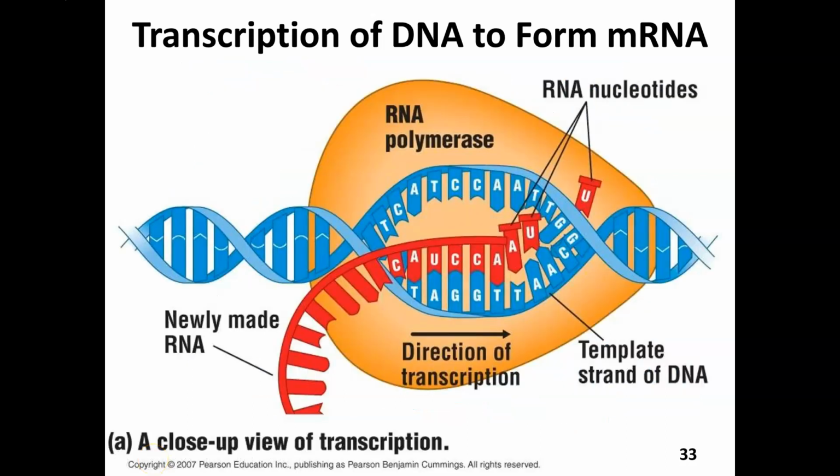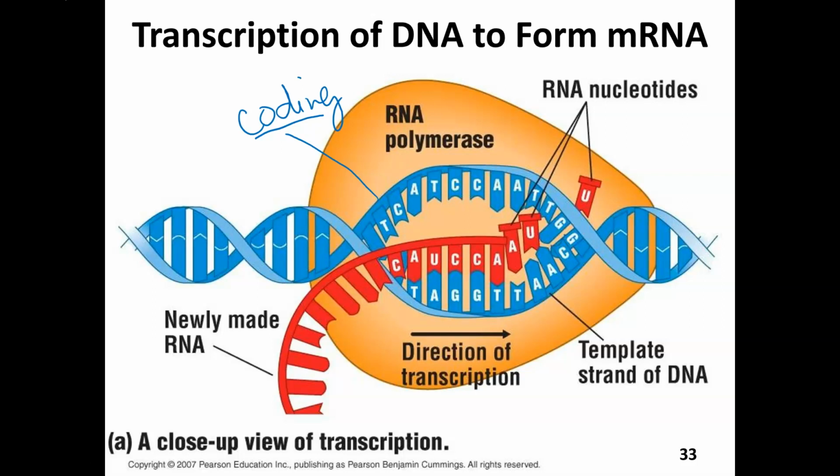So this is what it looks like. In this case, this bottom strand here is our template strand. So this top part here is called our coding strand. That's the strand that we're actually making a copy of, okay?